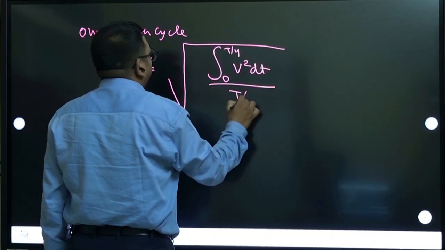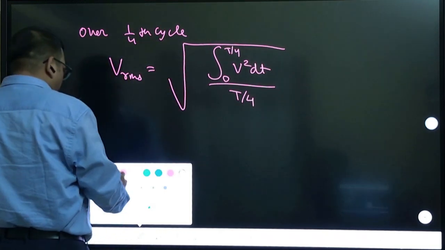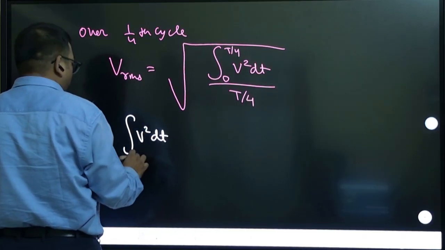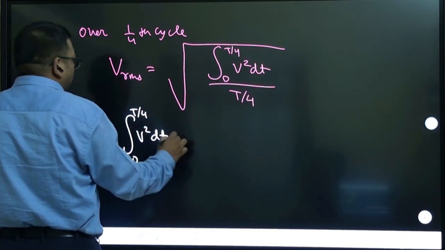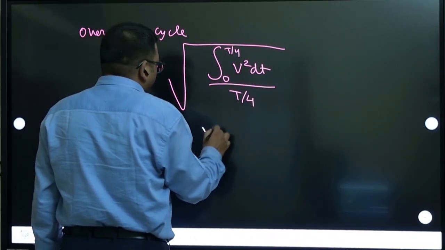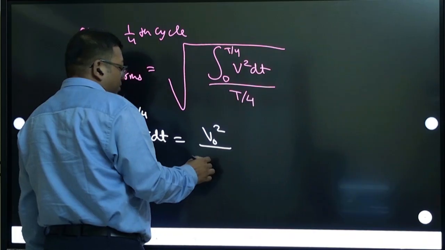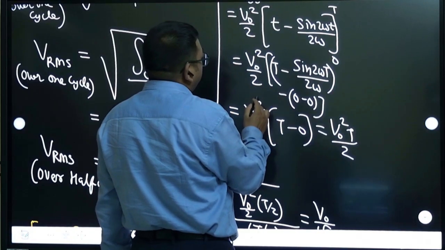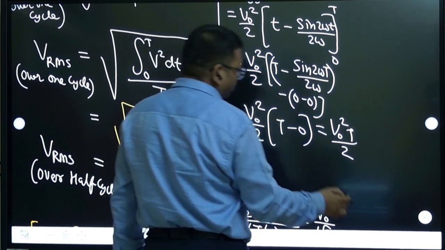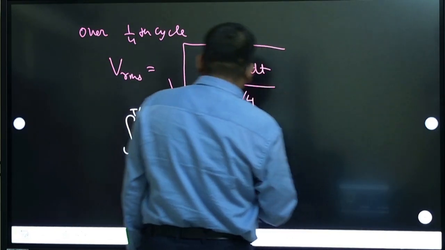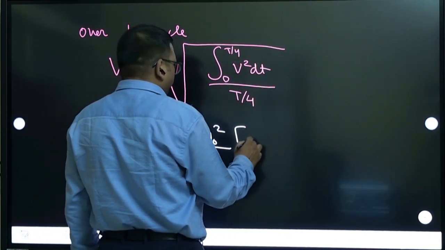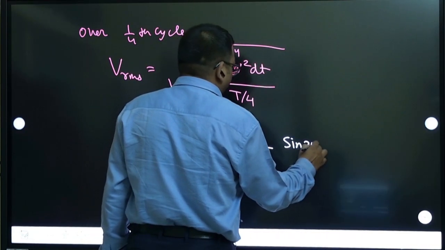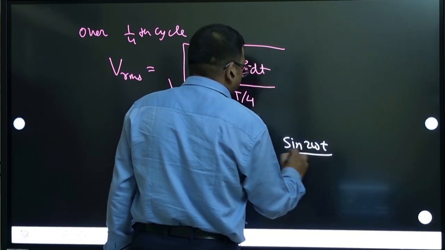But what will be this quantity, integration of V square dt over 0 to T by 4? I will directly write the result. So V naught square by 2 was there, right? So V naught square by 2, and this was T minus sin 2 omega T divided by 2 omega.